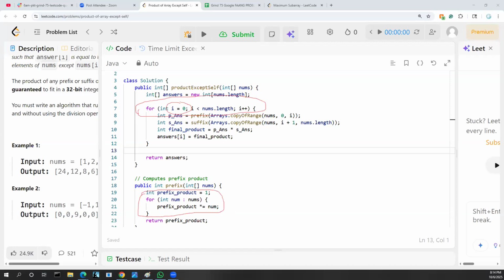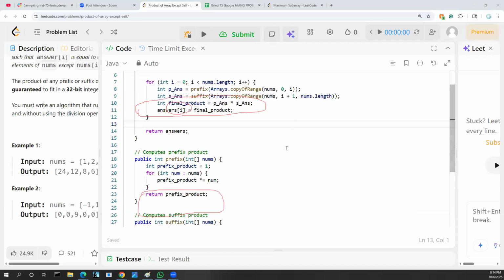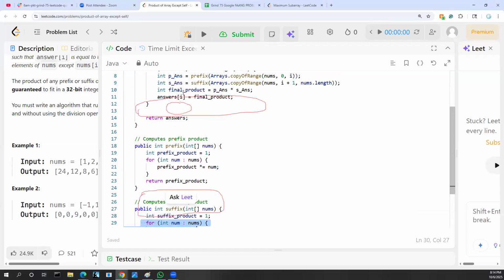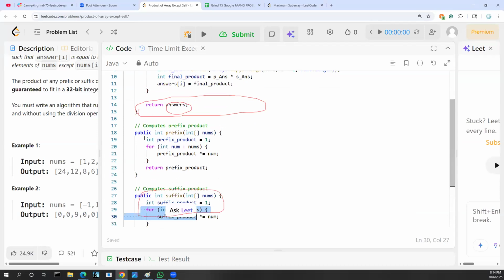One loop is this, and the other loop is right here. Because for each I that moves, you're computing the prefix and running a loop for prefix and running a loop for suffix. But that does not mean they're nested loops. If you're thinking it's O of n cubed or something like that, no, it's not like that.